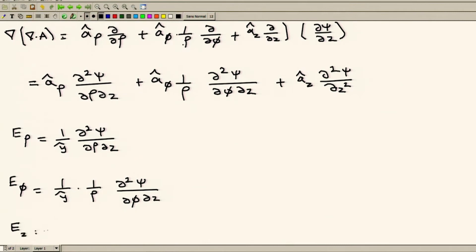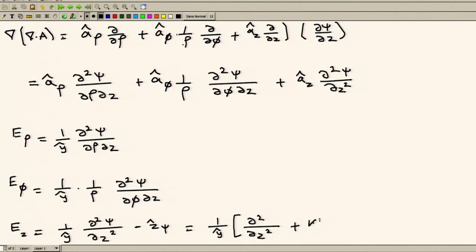1 upon y cap del square psi upon del Z square minus Z cap psi. So, this we can write down as 1 upon y cap del square upon del Z square plus k square psi.